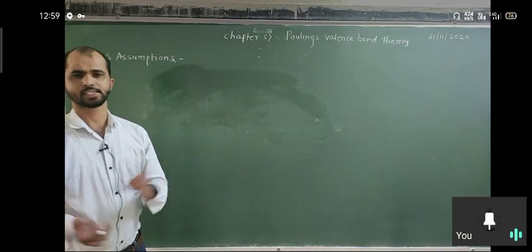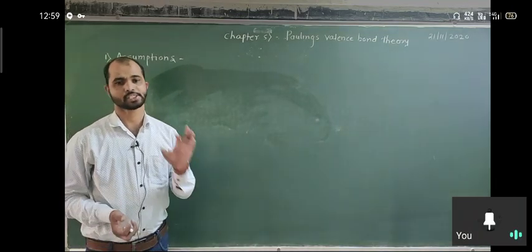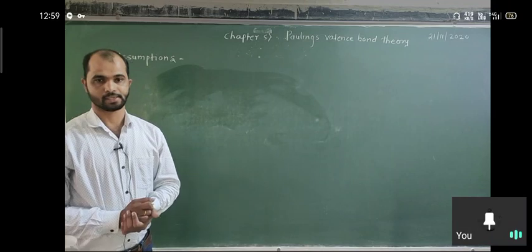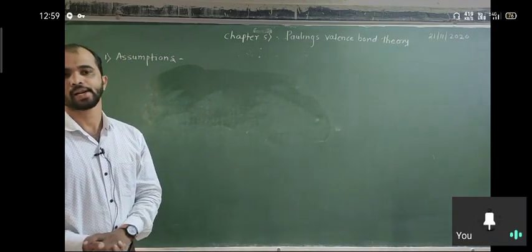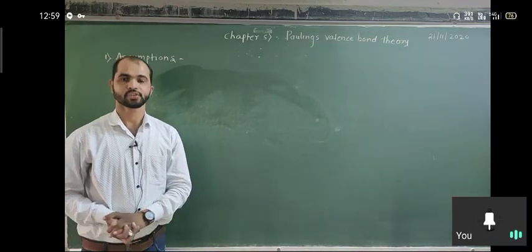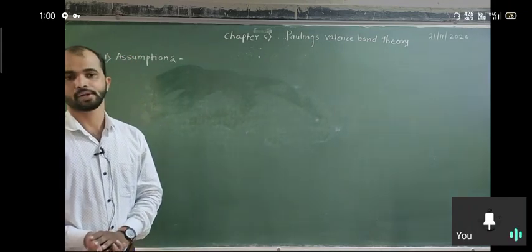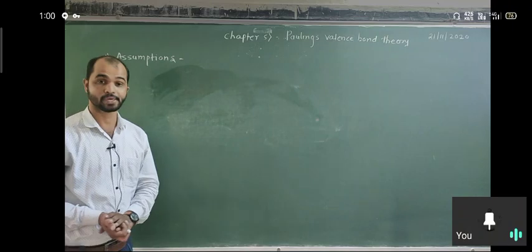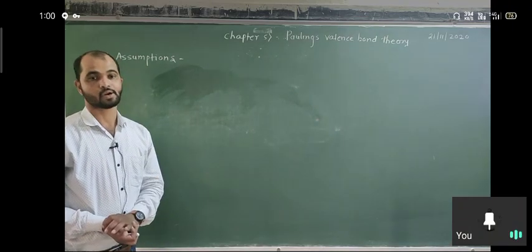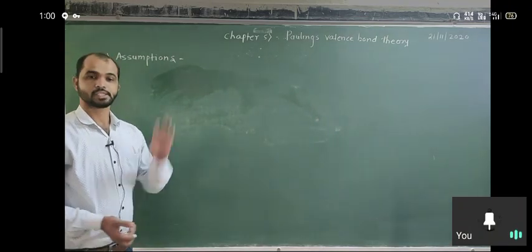The primary valency may be different; it is related to the oxidation state according to Werner's theory. But Werner's theory and the Sidgwick model have some limitations. Only a few things regarding complexes are explained by Werner's and Sidgwick's models, but a number of properties of complexes are not explained by these two theories.